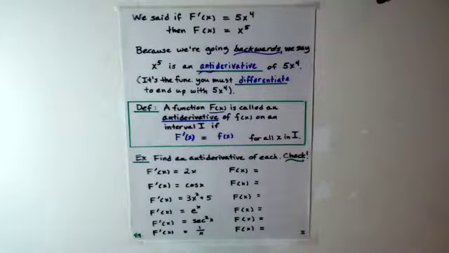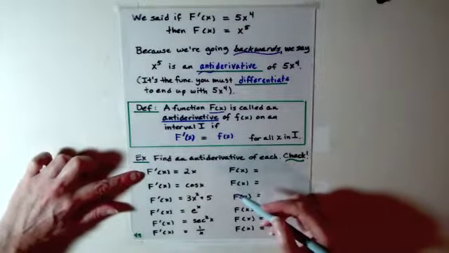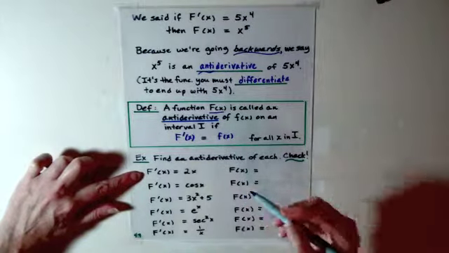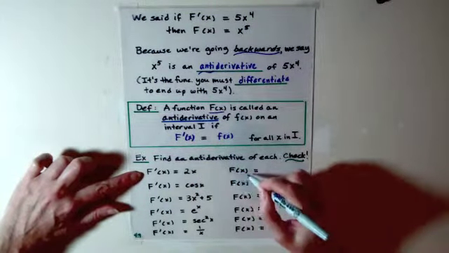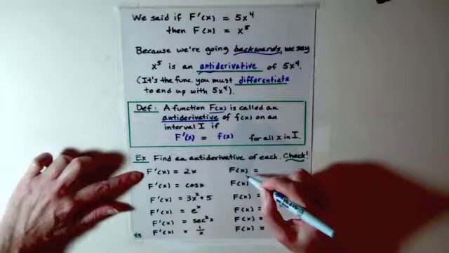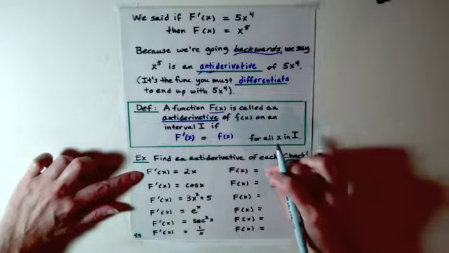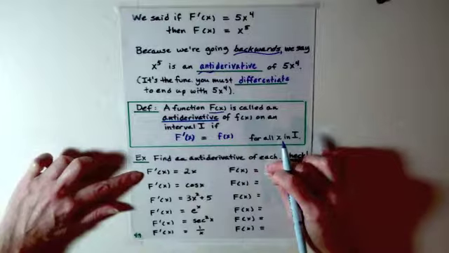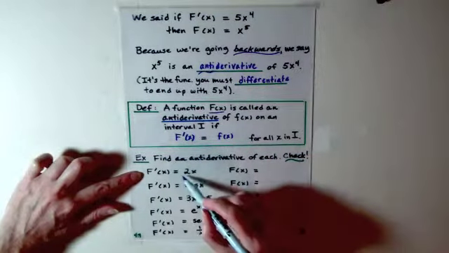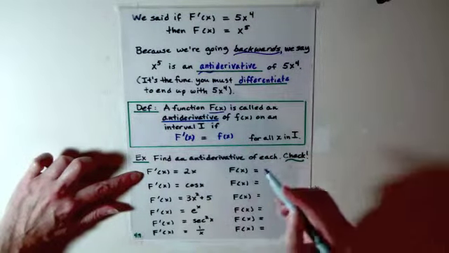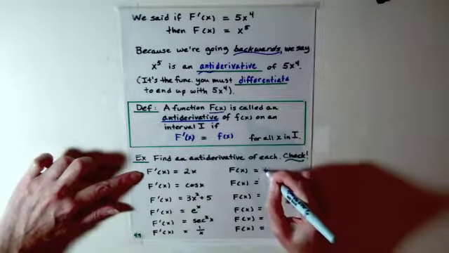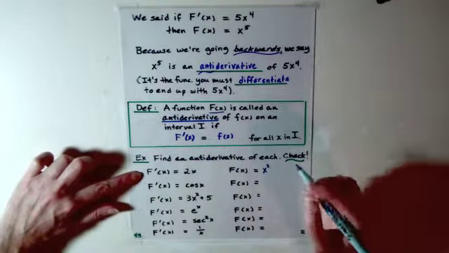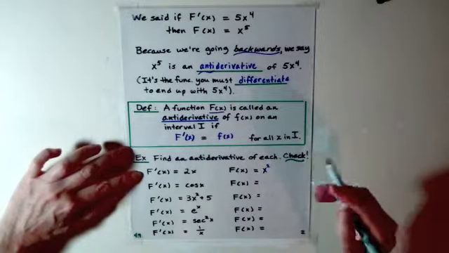So let's see what examples we have here. Here I'm told f prime of x is equal to 2x, and I'm supposed to go backwards and think, what would f of x have to be? What would I have to have here so that when I differentiate, I would end up getting an answer of 2x? I could start with the function x squared, and I can check that fairly easily.